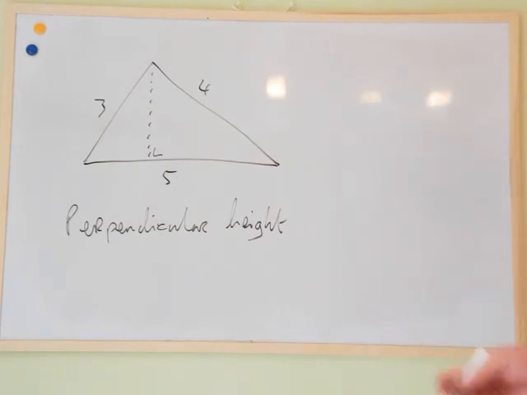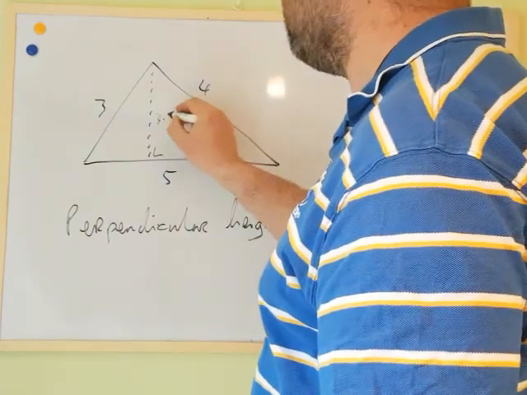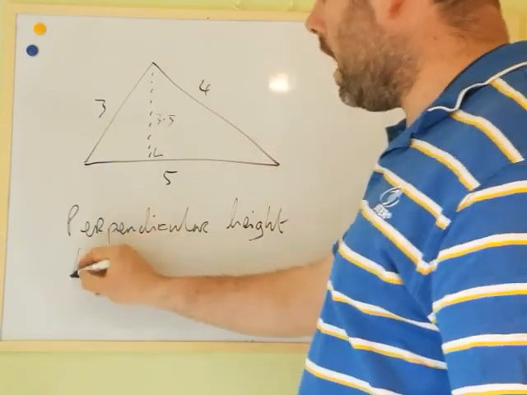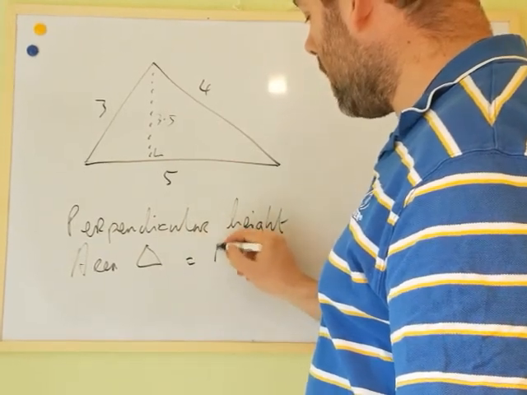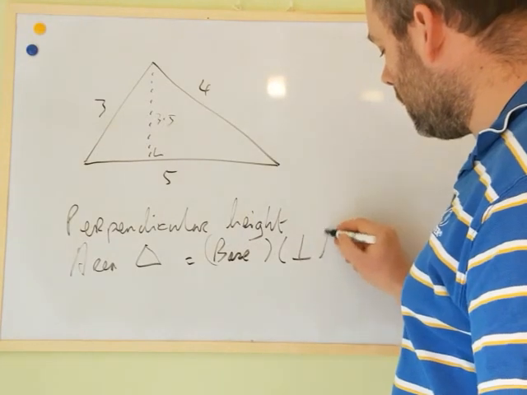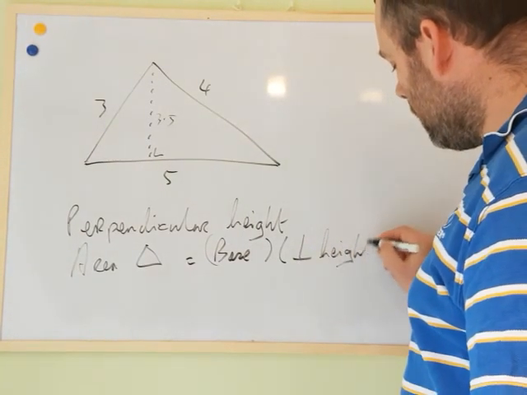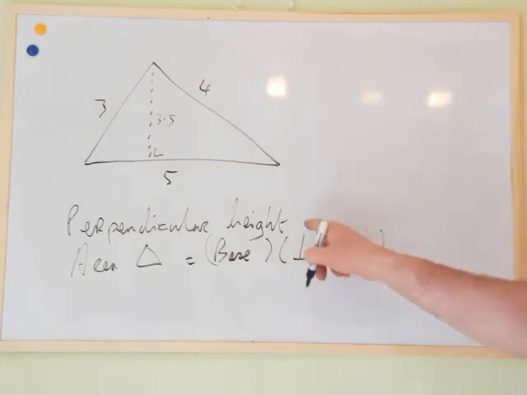So I'm going to make up a number here, and this number is going to be wrong, but anyway, let's say it was 3.5. In order to get the area of a triangle, it is the base by the perpendicular height. That's what this upside down capital T symbol represents, perpendicular.